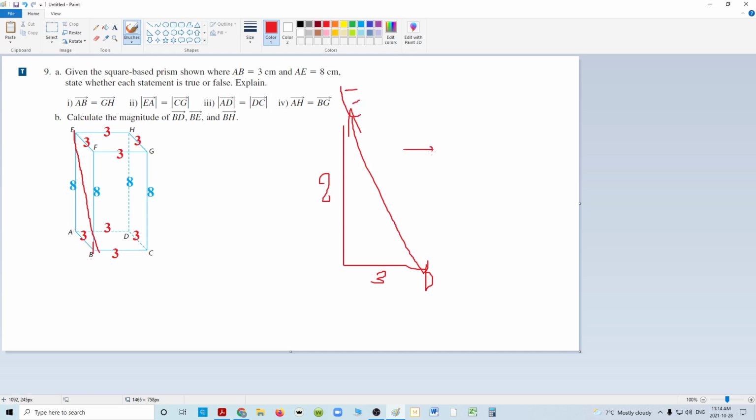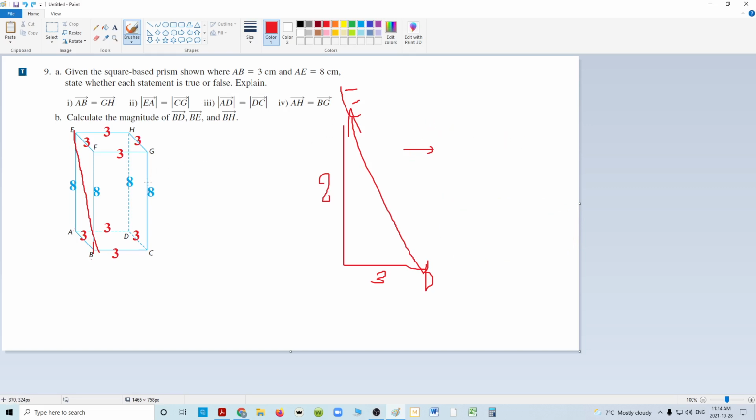And so you can say BE is equal to the square root of 64, which is 8 squared, plus 9, which is the square root of 73. There's no real simplification of that, so that's the answer. So just put that over top of BE.